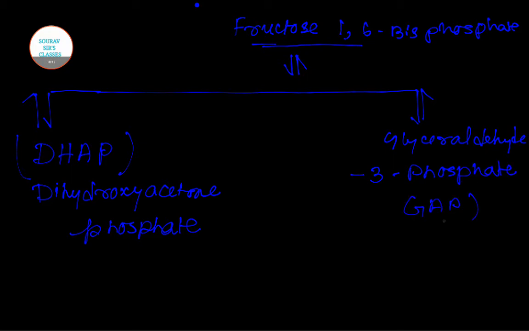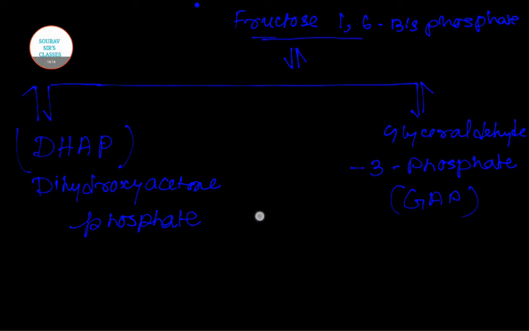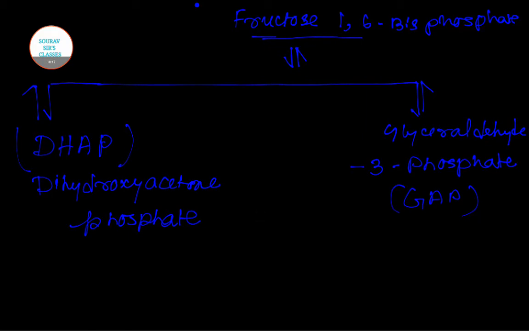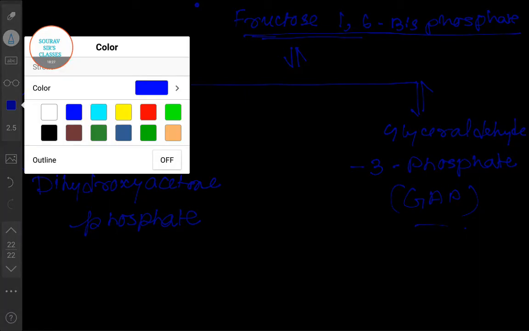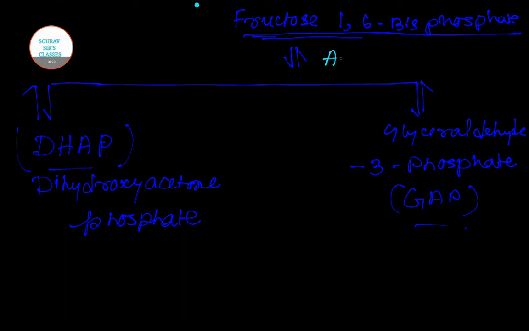Now for fructose 1,6-bisphosphate to form DHAP and GAP, the enzyme we are using is aldolase.